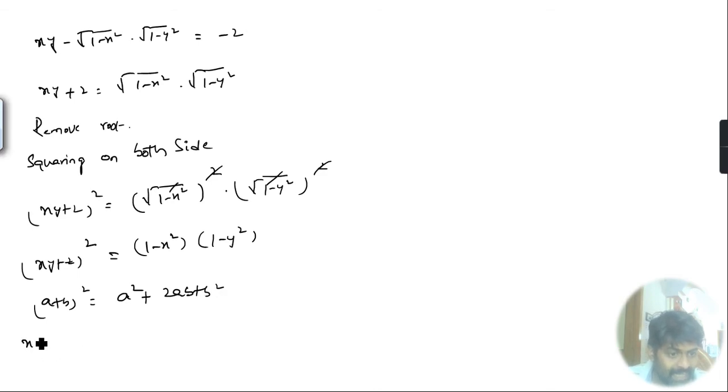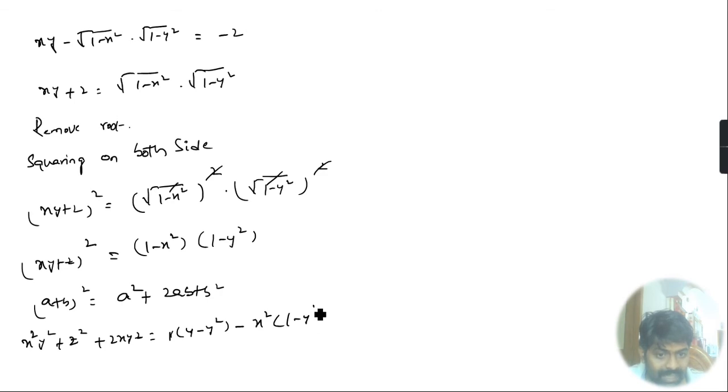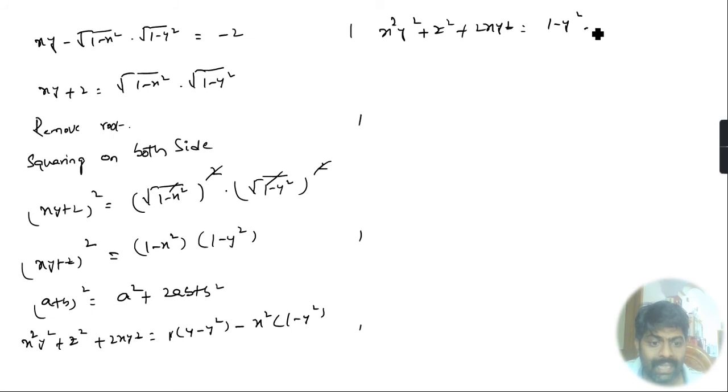So we get x square y square plus z square plus 2xyz is equal to 1 into 1 minus y square minus x square into 1 minus y square. So we get x square y square plus z square plus 2xyz equal to 1 minus y square minus x square plus x square y square.